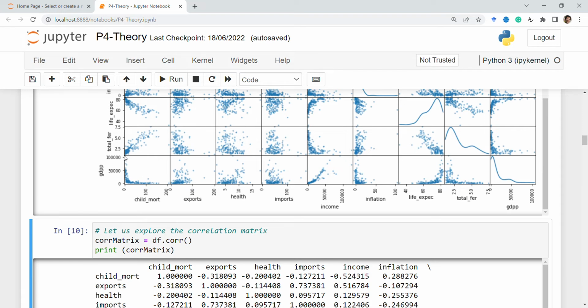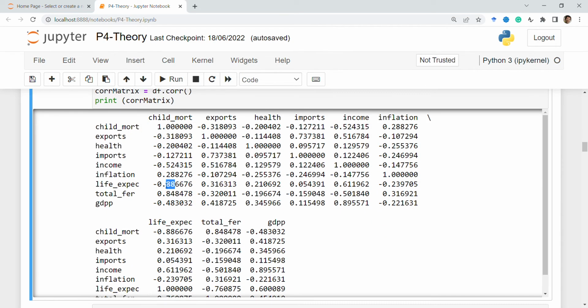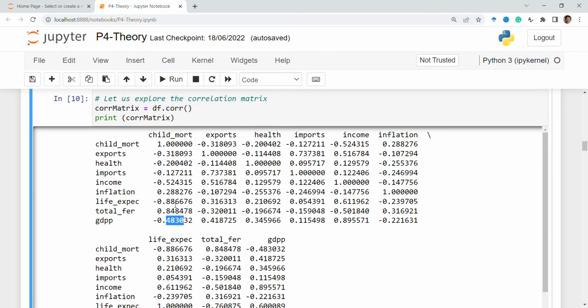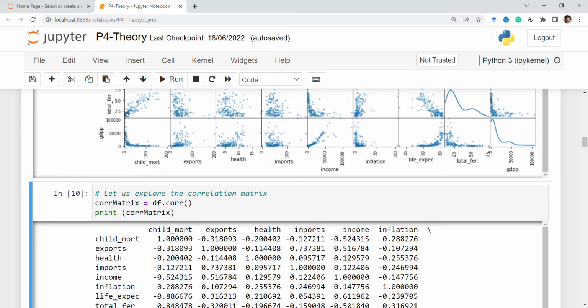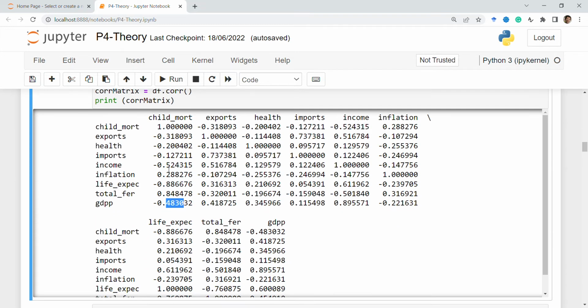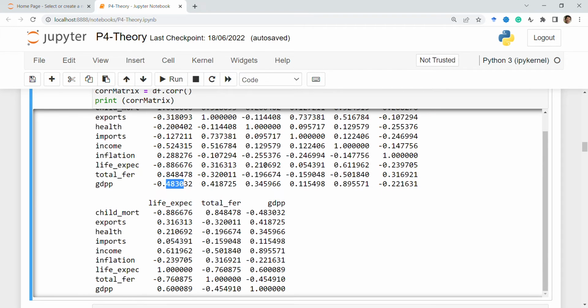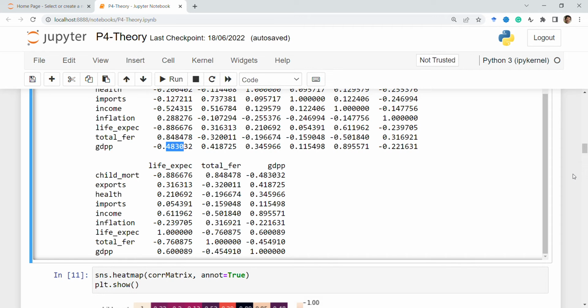Here, for instance, there shouldn't be a high linear correlation between GDP and child mortality, and we see that the correlation is not high, it is only minus 0.48, and the relationship is negative because when the child mortality increases, the GDP per person decreases. Okay, so we will later analyze this correlation matrix with PCA.